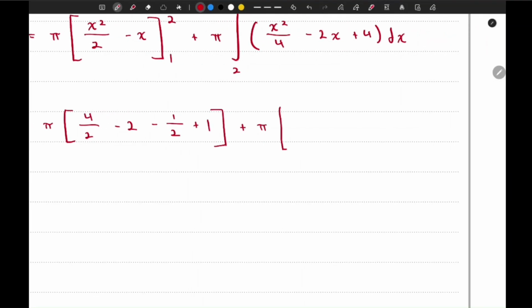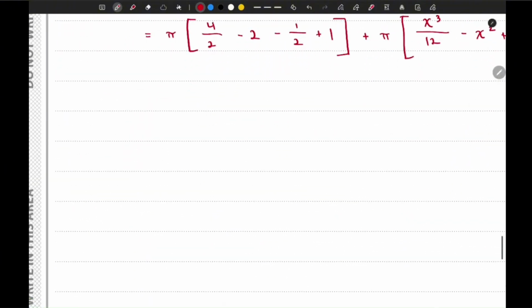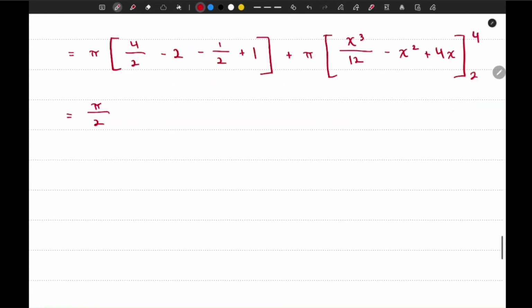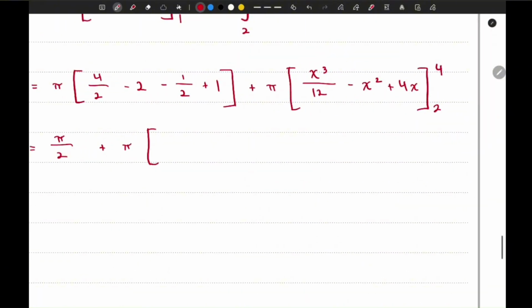Now, if we integrate this, this will give us x cubed divided by 12 minus x squared plus 4x, with limits 2 and 4. So let's first calculate the first value. That will give us pi divided by 2. And let's substitute the value of 4 into this equation.